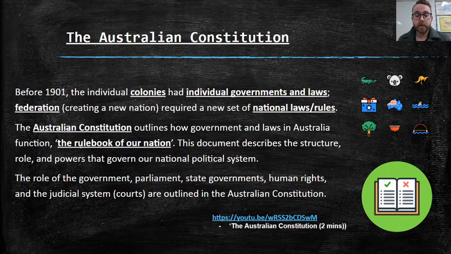Some of our human rights, not all of them, you hopefully remember from Year 8, looking at a big list of human rights that we're all entitled to. A few of those human rights are mentioned in the Constitution, like freedom of religion. And then the judicial system, which is a fancy way of saying the courts, High Court, Magistrates' Courts, basically where you go if you break the laws. All of those things are outlined in the Australian Constitution.